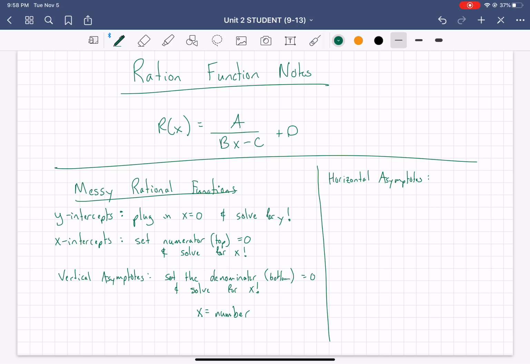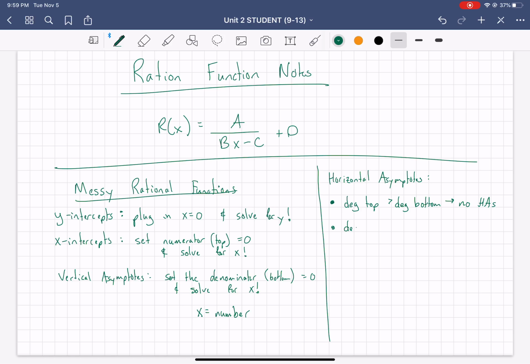Horizontal asymptotes. All right, that one has a lot more nuances to it. So we have our first case. If the degree of the top is greater than the degree of the bottom, that's going to tell us there are no horizontal asymptotes.